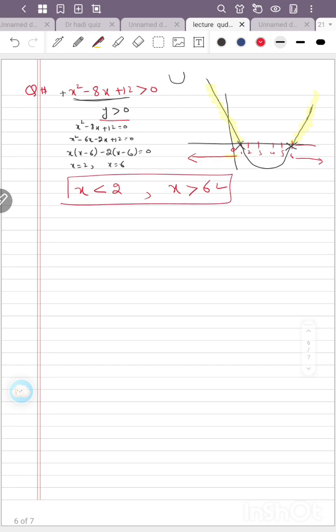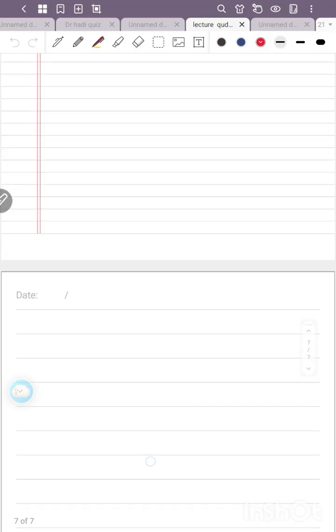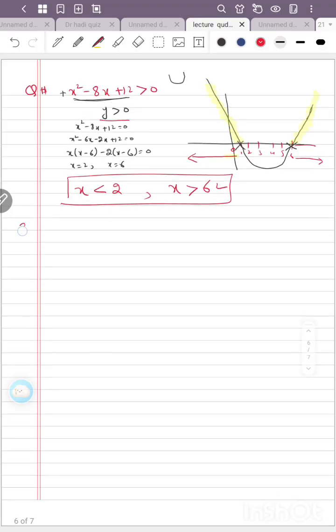Okay, now we have another question to solve. The question is 2x square less than or equal to 15 minus x. How can we deal with this question?